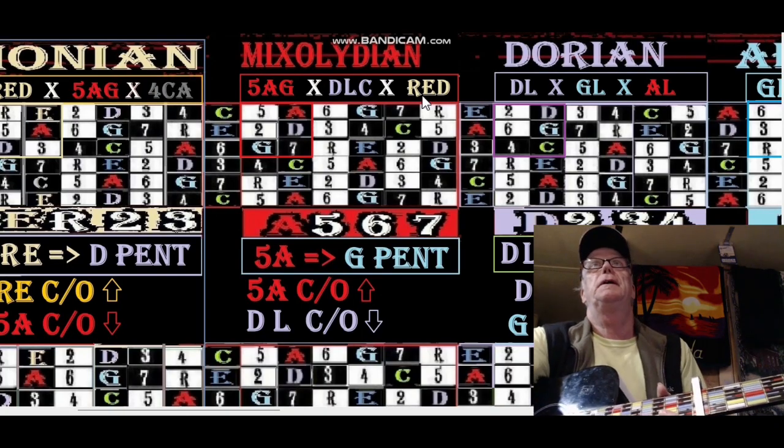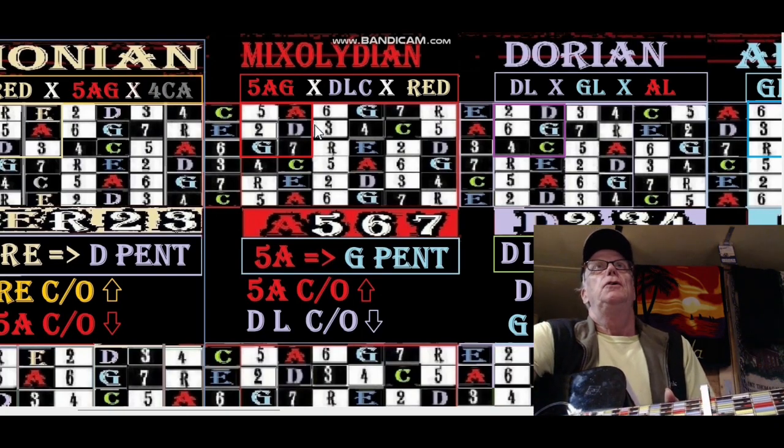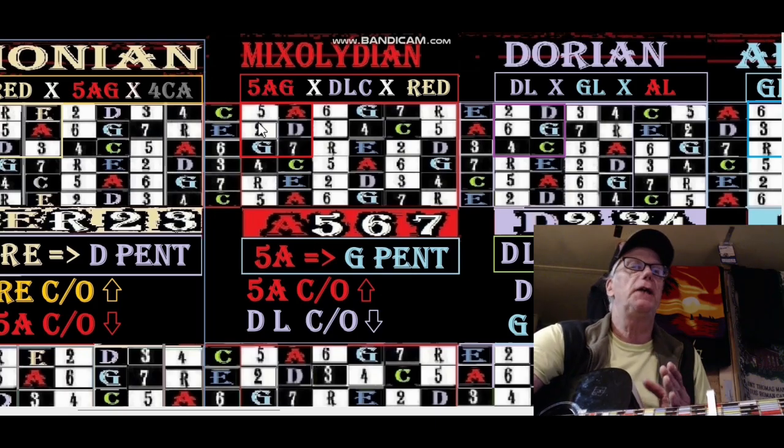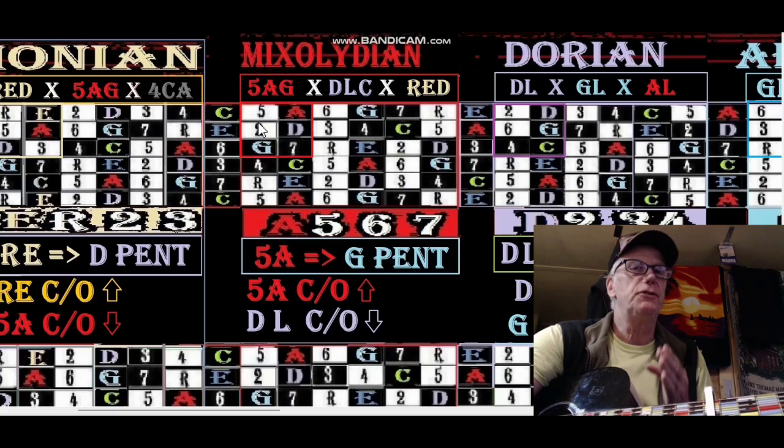The G pentatonic right there, up there. Now we're only going to be doing the first one here, the 5A G. This is the summary one up here. This is everything. This is kind of like brute force, because this stuff we haven't talked about yet. So we're only looking at the 5A G, because you've got to learn the pattern before you learn the substitution.